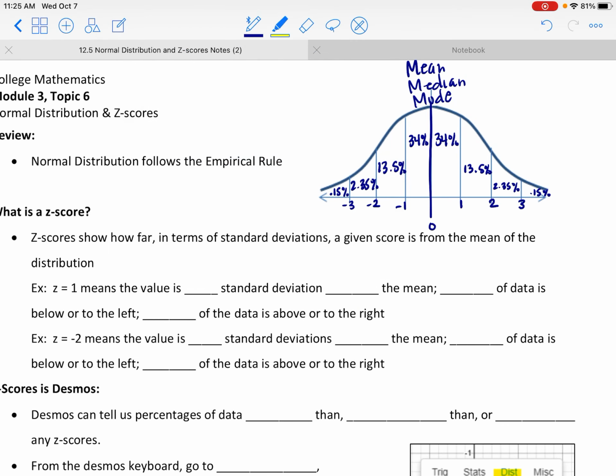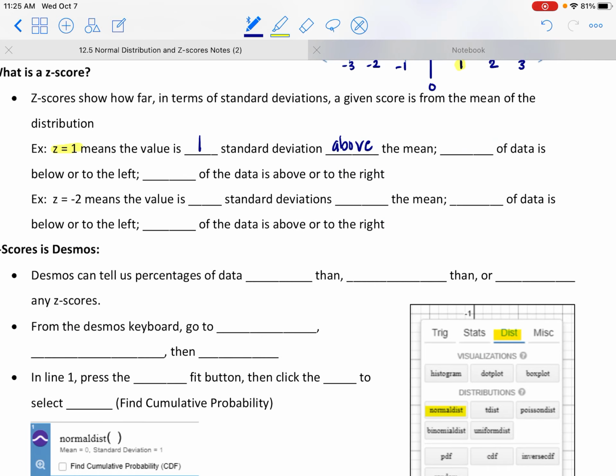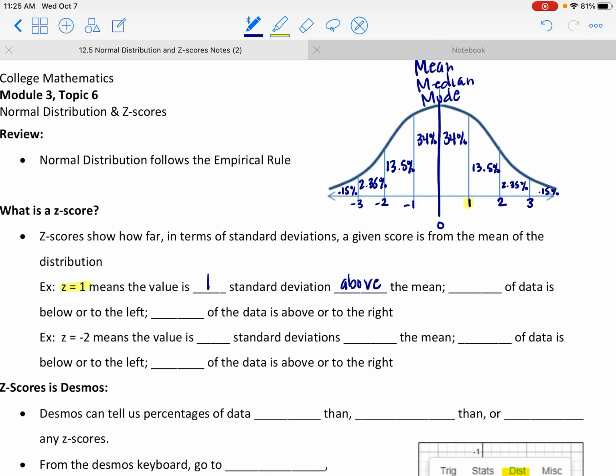So for instance, if I said z equals 1, z equals 1 means we are 1 standard deviation above the mean. So that is this location right here. So at z equals 1, the value is 1 standard deviation above the mean. And if we look at our graph here, we've got 50% of the data and another 34% of the data.